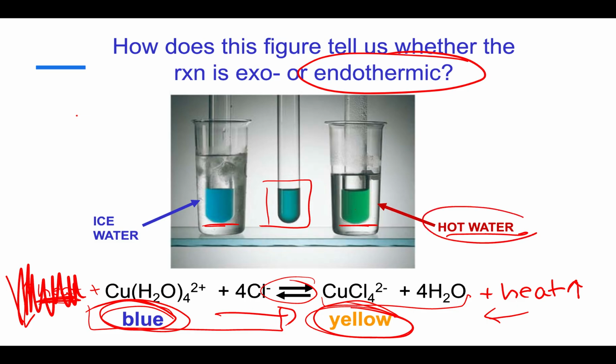But when I look at my hot water, it's more green. So that's not true. Then the opposite of that, if I decrease my heat, meaning put it on ice, I want to shift to the right to replace what I'm taking out. And so I should see more of a yellow color, but I don't. I see this blue color. So we know exo is not right. Endo is definitely the answer.